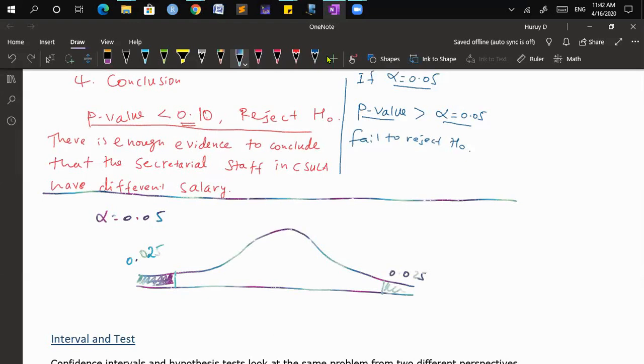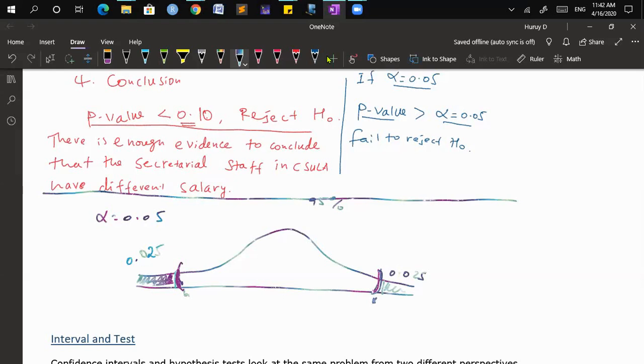Now, if you remember the confidence interval, given a 95% confidence interval, this would be your interval. We are 95% confident the population mean, since we don't know it, will fall in this interval. That's what we say with a confidence interval.